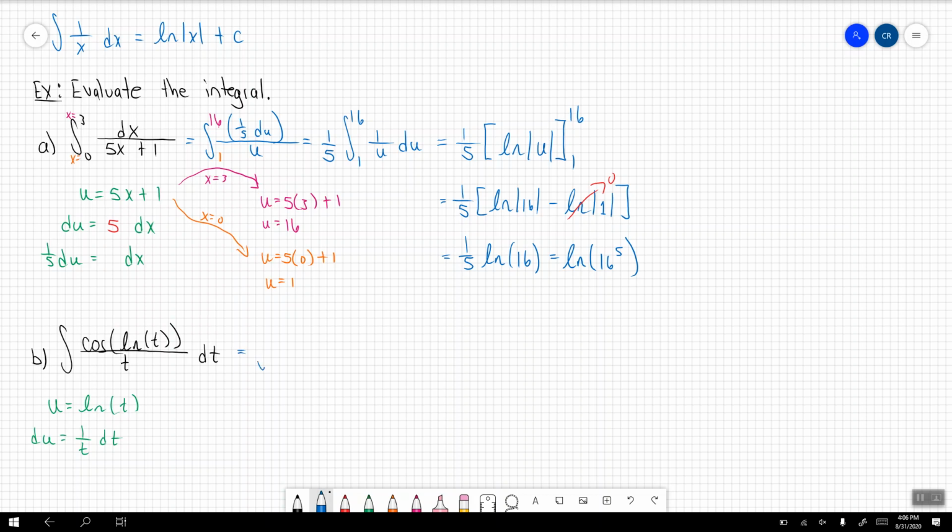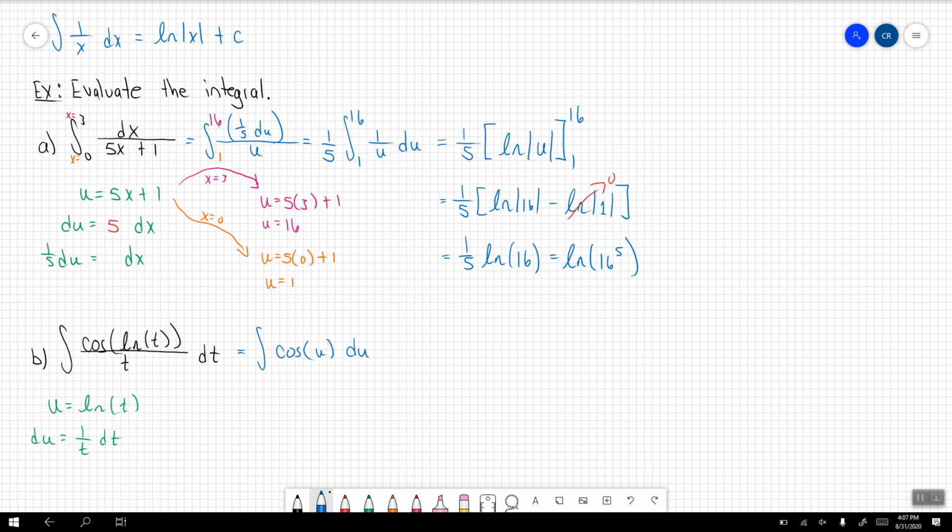This now looks like the integral of cosine of my substitution, u, and then 1 over t dt becomes du. So here we are, just as such.